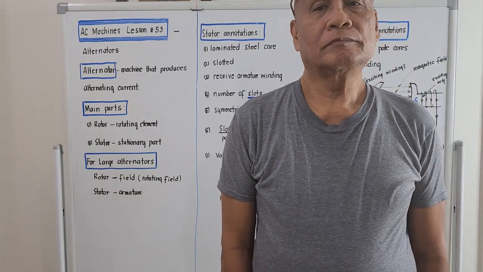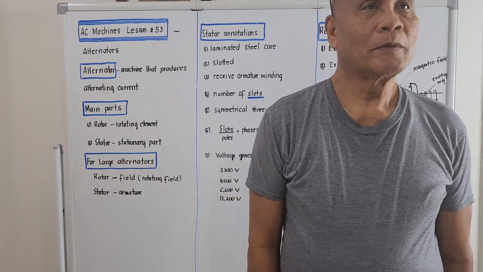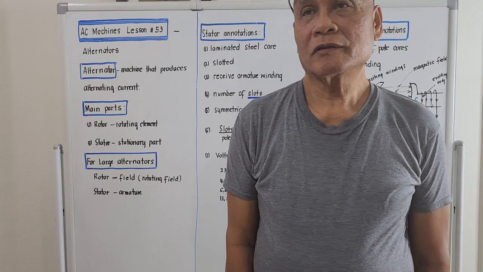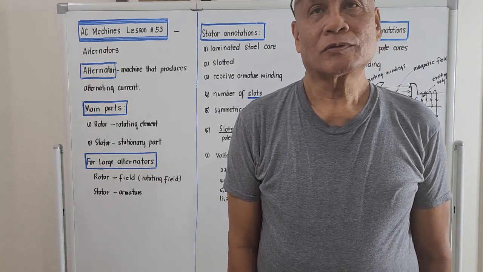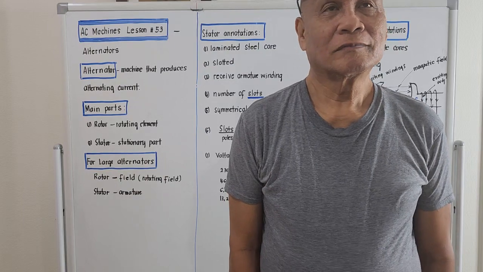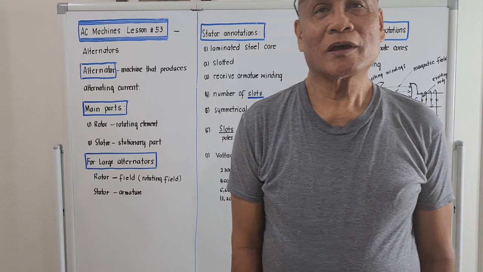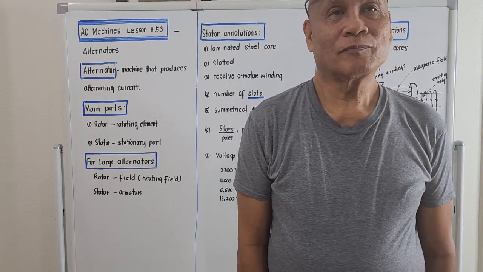Okay, my topic for this morning will be a very interesting one. It's the so-called study of alternators. Alternator is the machine that produces alternating current, which is the one we are using in our homes. Okay, let's proceed.